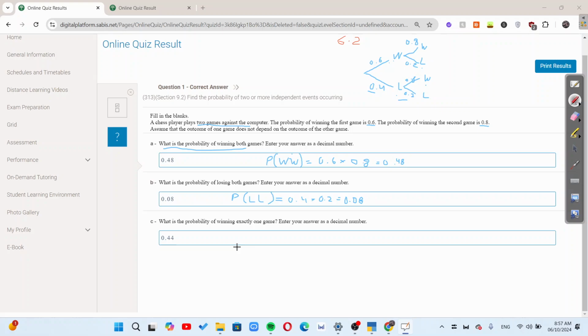Oh wait, they want exactly one game. Sorry, I read it as at least one game. So if it's exactly one game, your probability of lose-win or win-lose.